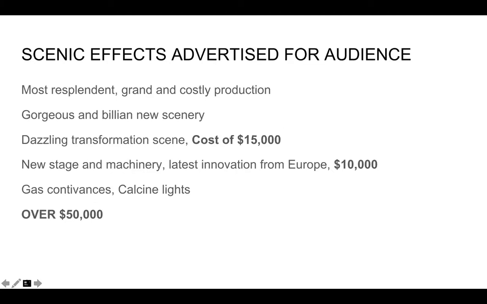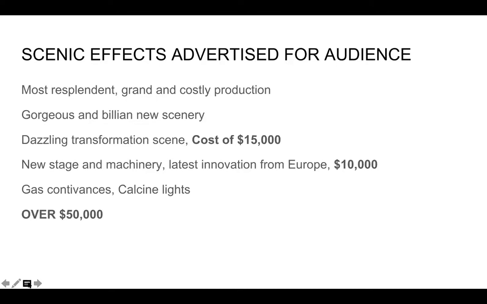Gorgeous and brilliant new scenery, dazzling transformation scene, one scene costing $15,000. And remember, this is in the 1800s. New stage and machinery, latest innovation from Europe costing $10,000. Gas contrivances, calcium lights. Over $50,000 is spent on the scenic elements for this musical.